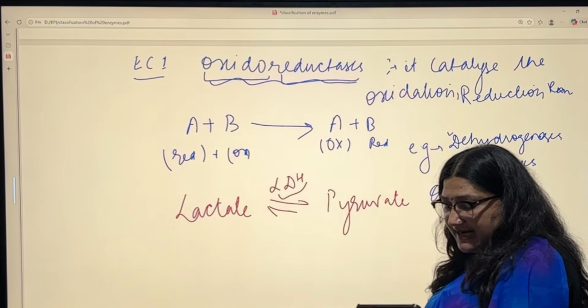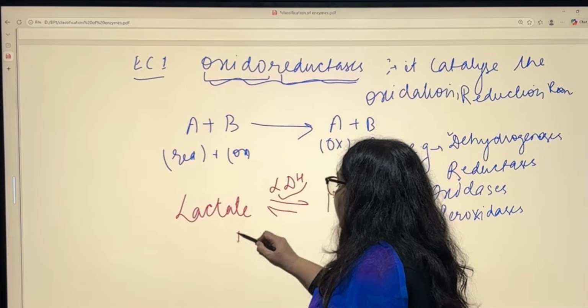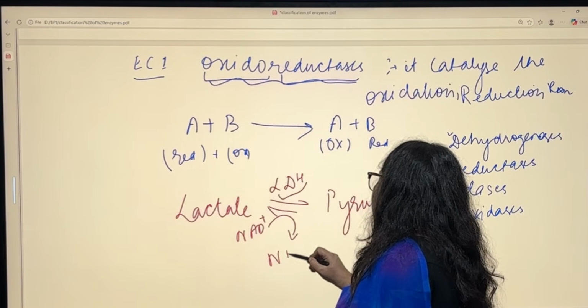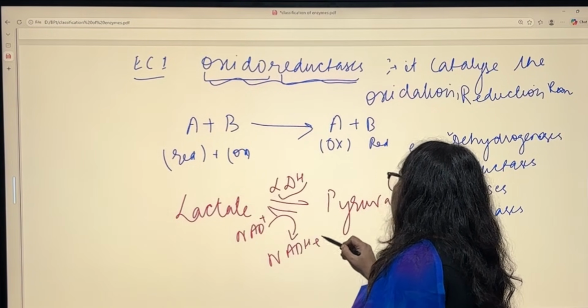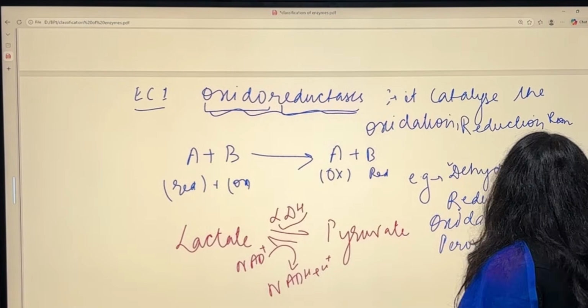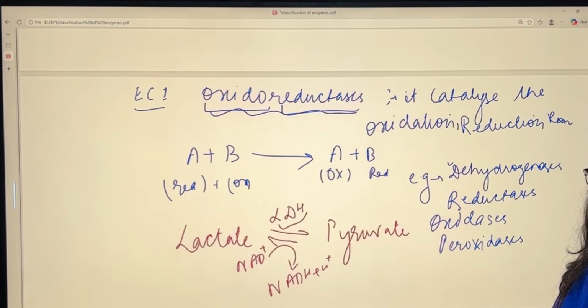LDH is lactate dehydrogenase. Here the electron carrier is NAD positive, which is converted into NADH plus H positive. So this is the first class, oxidoreductases.